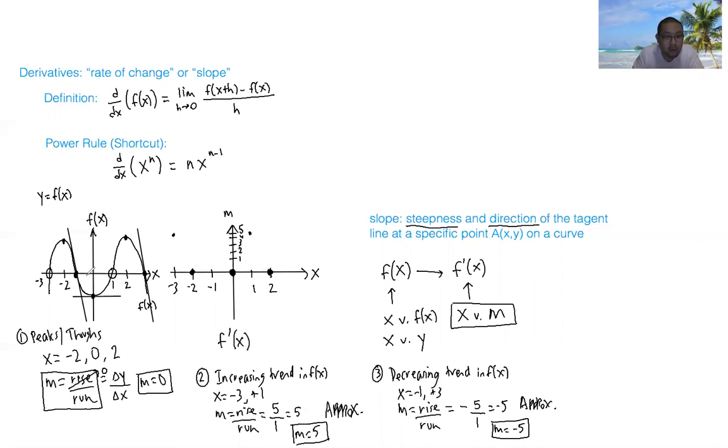At x equals -1 and at x equals +3, we go 1, 2, 3, 4, 5. This is -5. So at -1, our slope was approximated at -5, and again at 3, our slope was approximated at -5. Now you have points that we're just going to connect, like so.